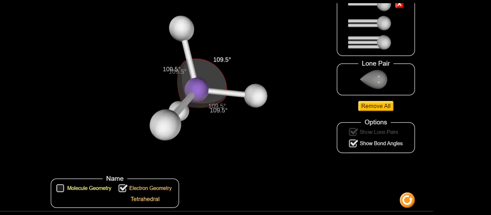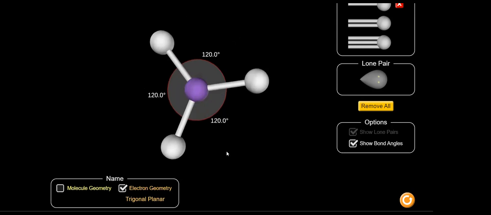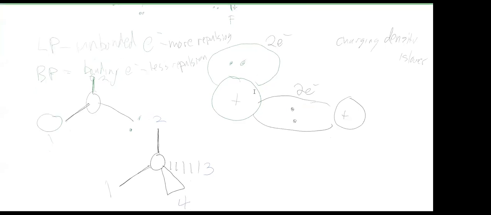Just like trigonal planar, each of their positions are the same. So it doesn't actually matter whether we're at 1, 2, 3, or 4. That's why we don't worry about where we put the lone pairs for groupings of 3 or groupings of 4, because all of their positions are equal to each other.